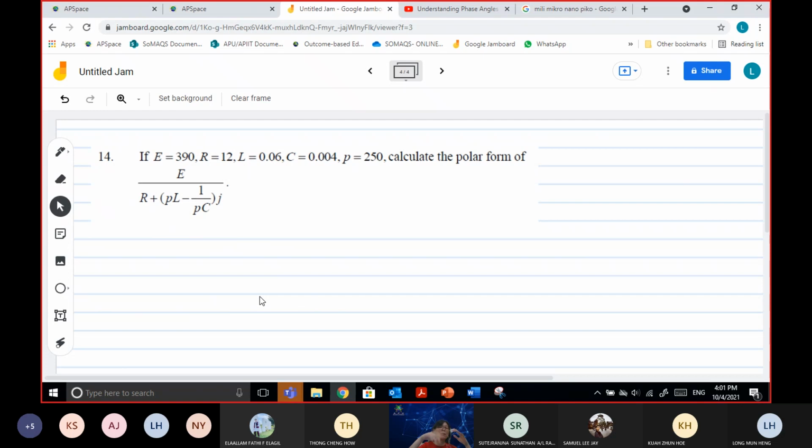Again, you are going to apply what you have learned about division and multiplication of complex numbers. So do the substitution first, based on the values given. Five minutes, let's do it now.